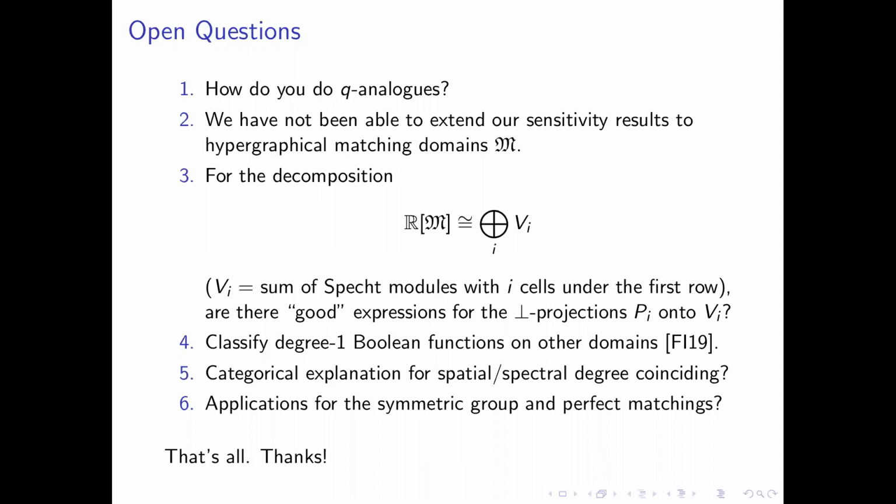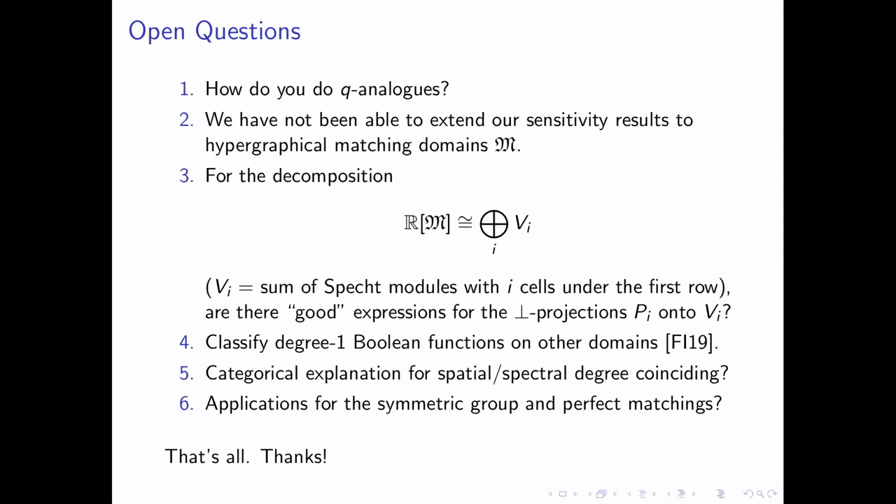This is related to the odd set constraints of the perfect matching polytope, and I thought that was cute. I'm probably going into too much detail here, but you can take a peek at the paper to see how the perfect matching polytope plays a role in this classification of degree 1 Boolean functions on the perfect matching scheme.